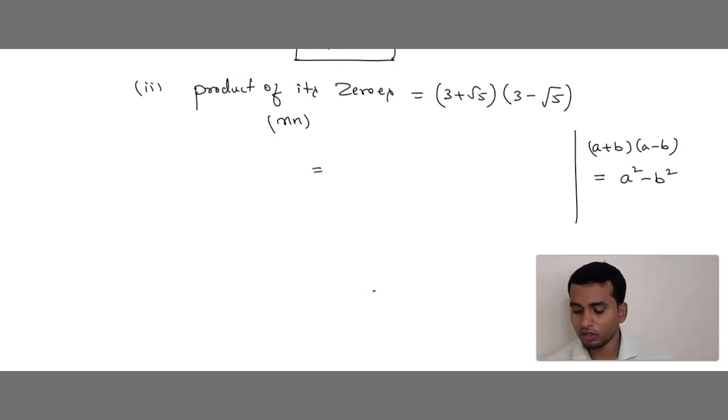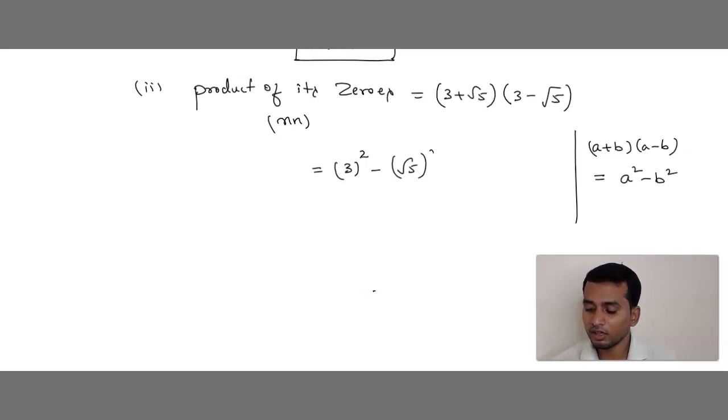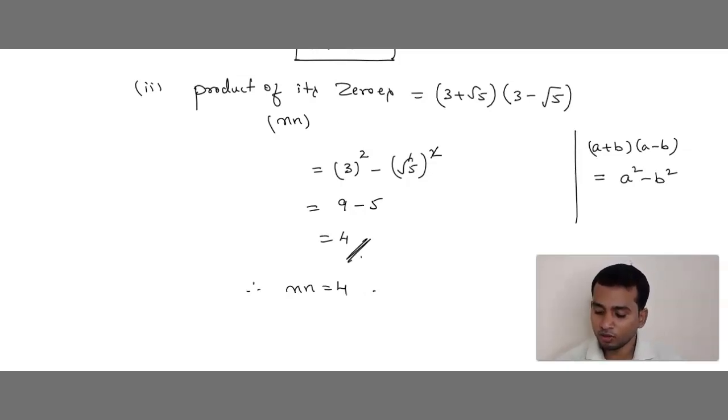If you want, you can use the identity. a square minus b square: a means 3 square, minus b means root 5, that is root 5 whole square. What is 3 square? 9, minus square and square root get cancelled, 5. 9 minus 5 is 4, right? So therefore the product of its zeros, mn, is equal to 4.